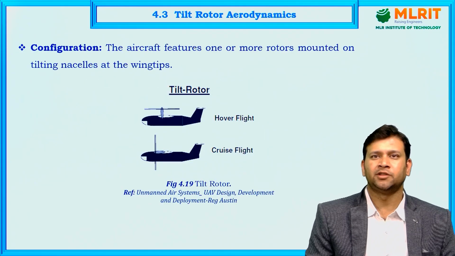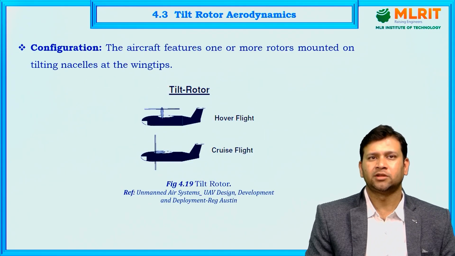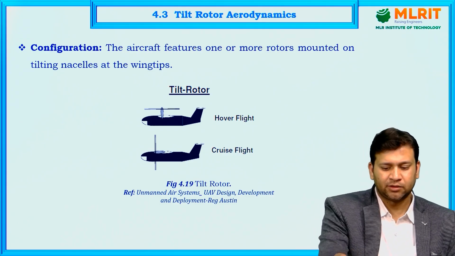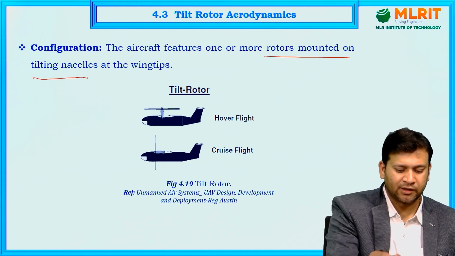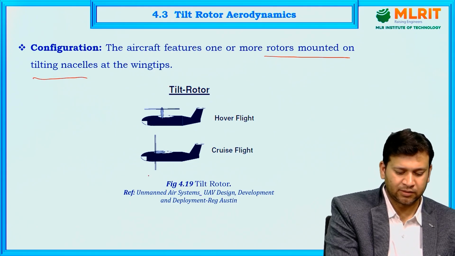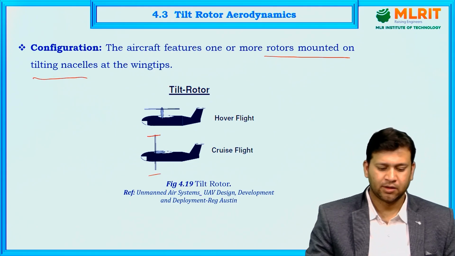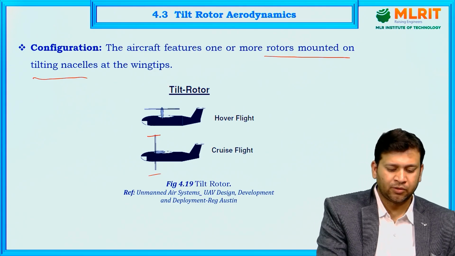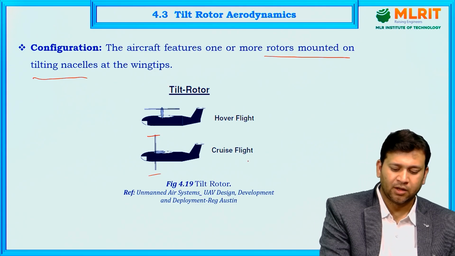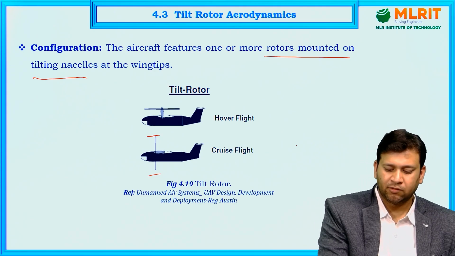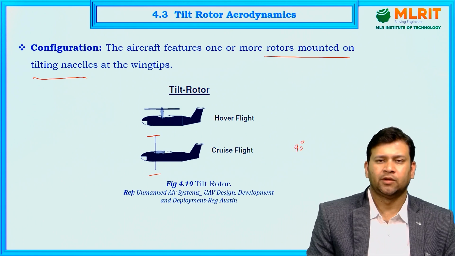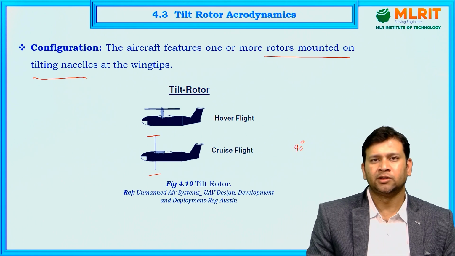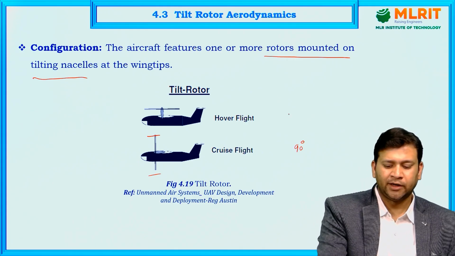The aircraft features one or more rotors mounted on the tilting nacelles at the wingtips. These are the tilting nacelles. Right. So, during cruise flight, it will be turning 90 degrees in the forward direction, and for takeoff, it will move 90 degrees upward.